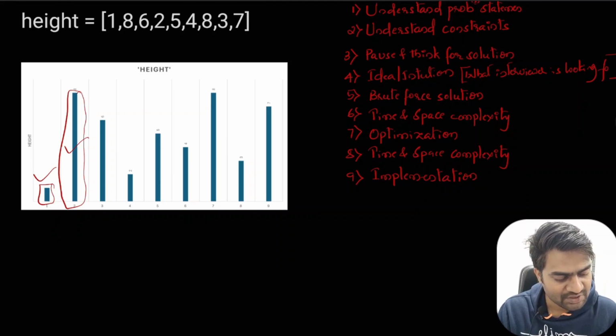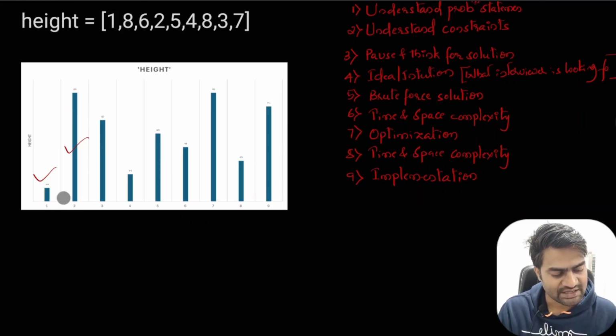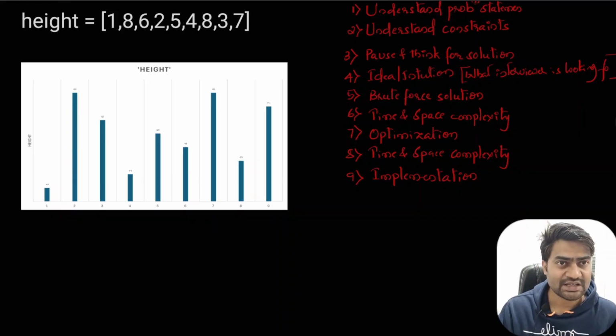The minimum height between these two lines, which is 1 in this case, and the distance between these two lines. How can you find the distance? You can simply subtract the smaller index from the greater index.